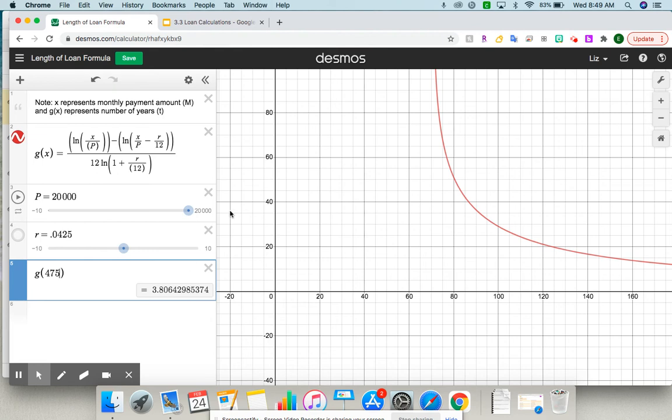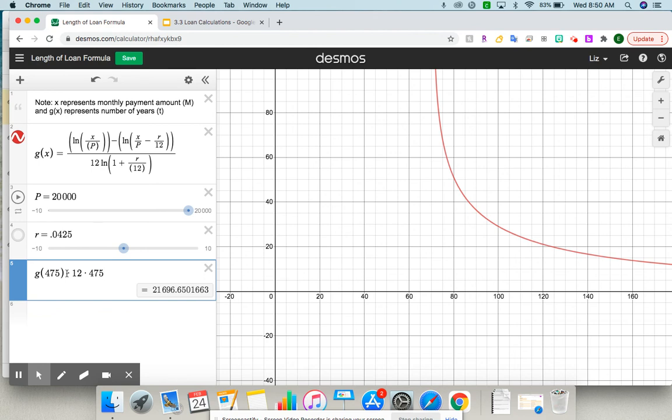To answer how much will he pay in total, we would take the length of time multiplied by 12 to determine how many total months that would be, and then multiplied again by the monthly payment.